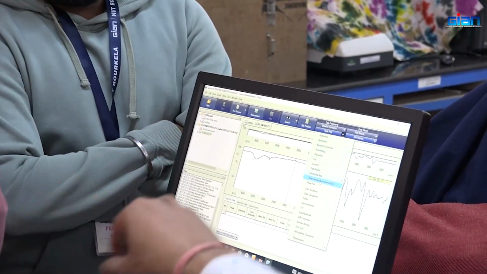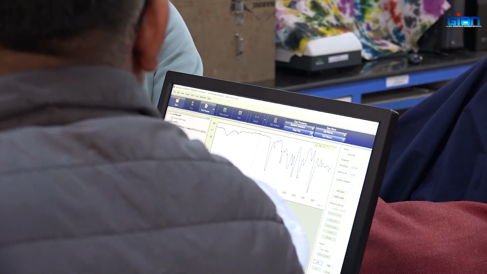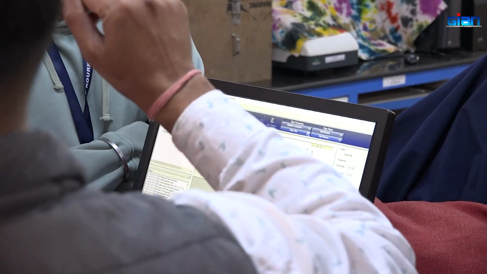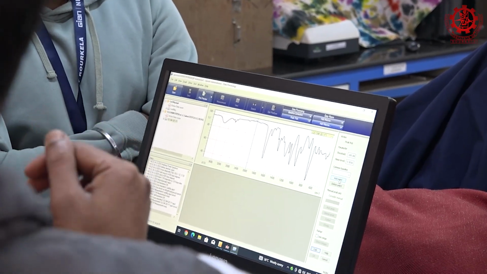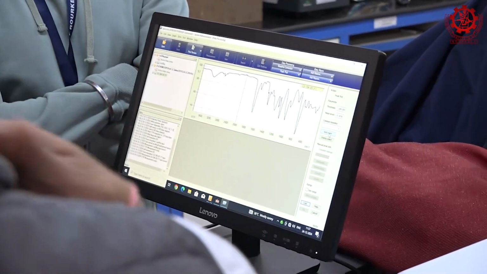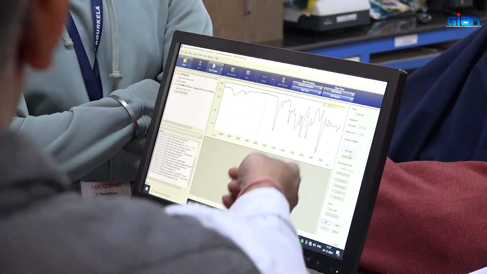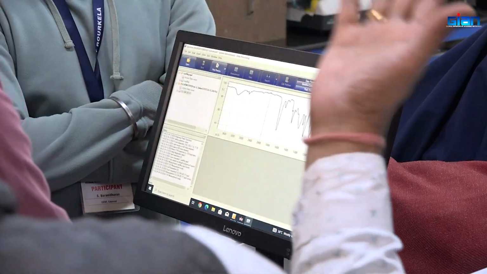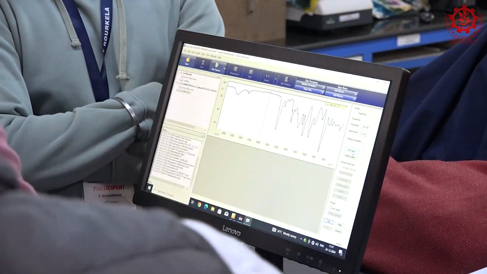For example, you see this is in centimeter inverse. Centimeter inverse means what? Wave number, right? Wavelength is in centimeter, or you can call it nanometer or whatever it is. Then wave number is centimeter inverse, or if you go to frequency, it is in hertz.